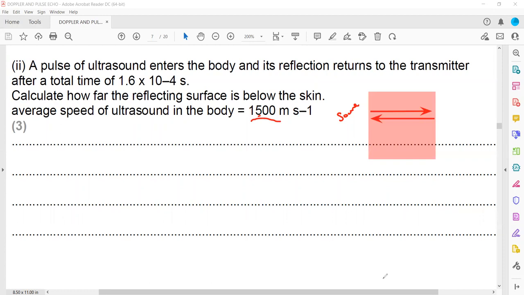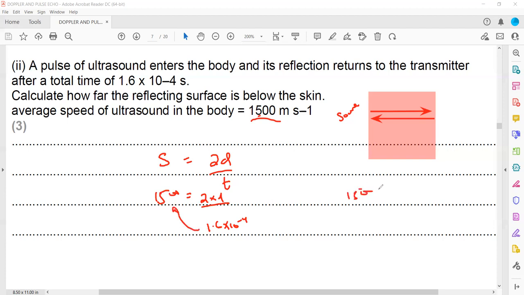Whenever there is a reflection, the speed is 2d divided by t, where the speed of ultrasound is 1500, d is the distance we want to find and the time is 1.6 × 10^-4. So speed equals 2d divided by t: 1500 equals 2 multiplied by d divided by 1.6 × 10^-4. This is divided, so on the other side it is multiplied.